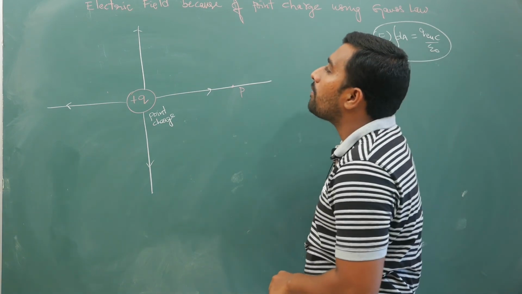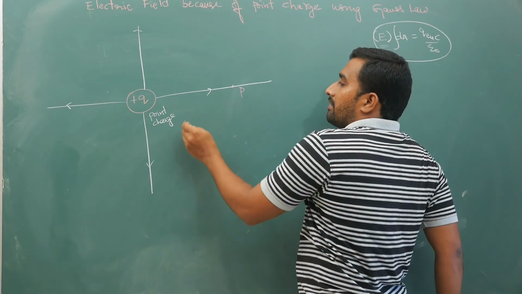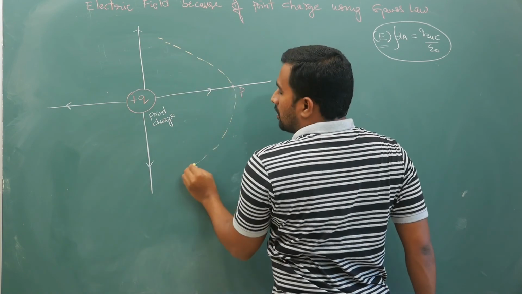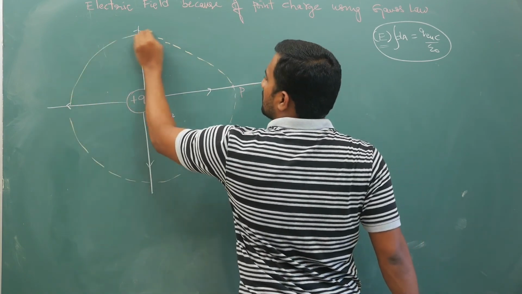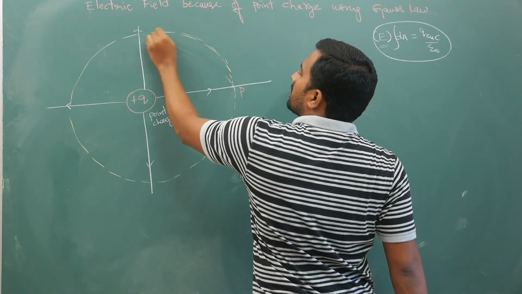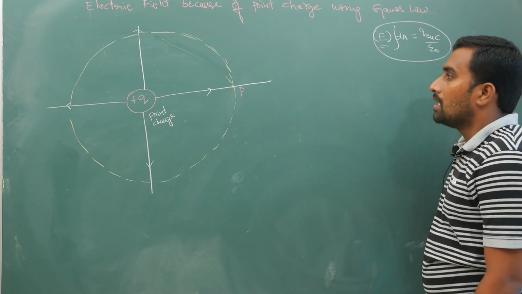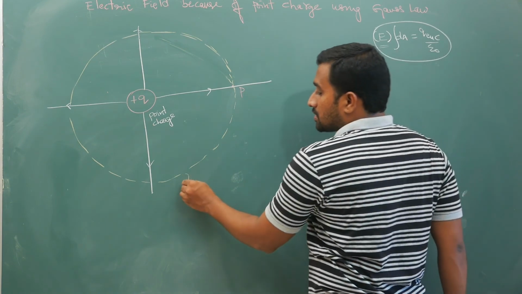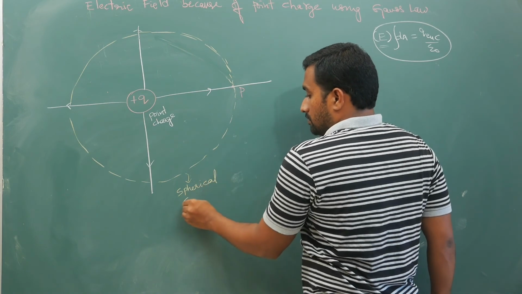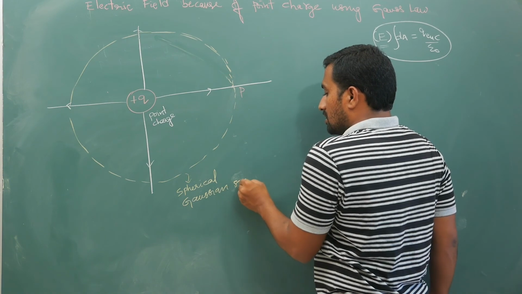Now here what is the Gaussian surface, okay, if you take a spherical Gaussian surface, this is a sphere like this, okay, my diagram is a little bad but you adjust. I am considering a spherical Gaussian surface here.